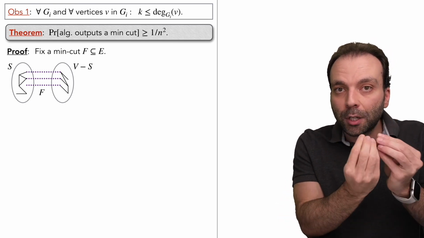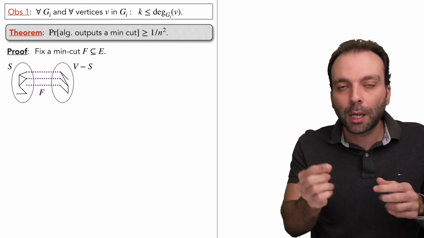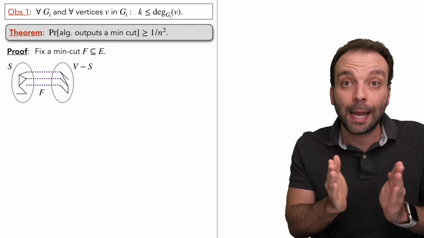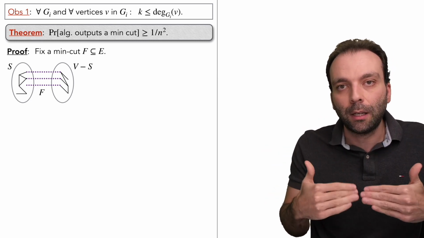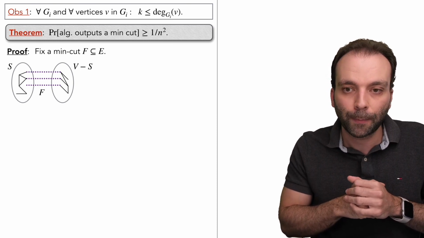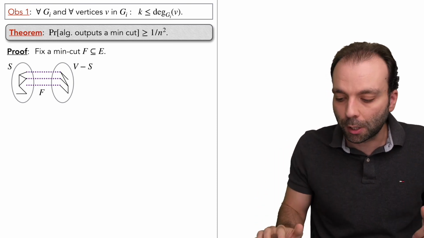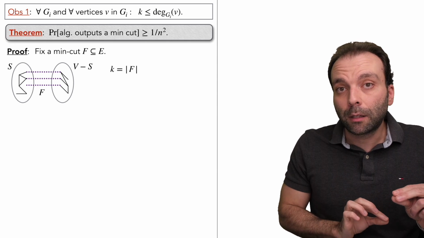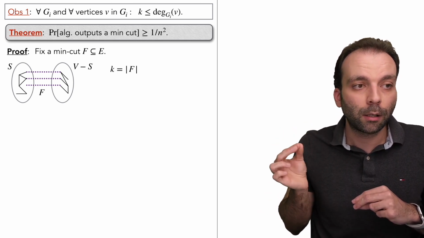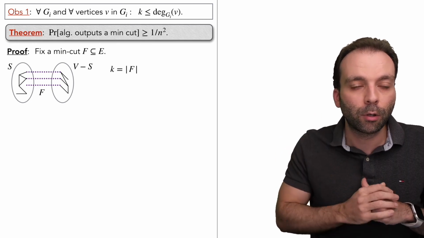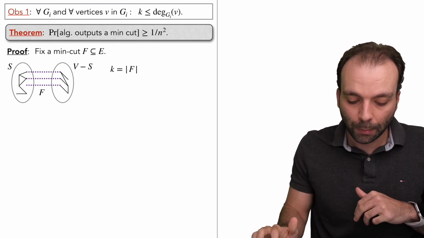Those edges that go across, I'm going to call that set of edges F, and I'm going to think of F as the minimum cut here, okay? Now, some notation. K is going to denote the size of the minimum cut, this particular cut, which is the number of edges, right? So this is the size of F.